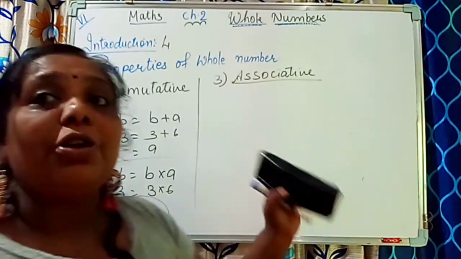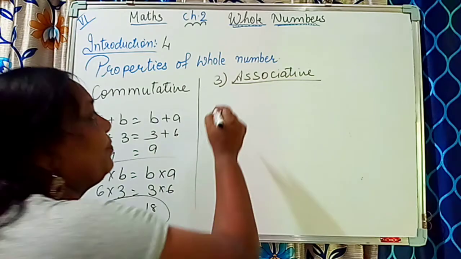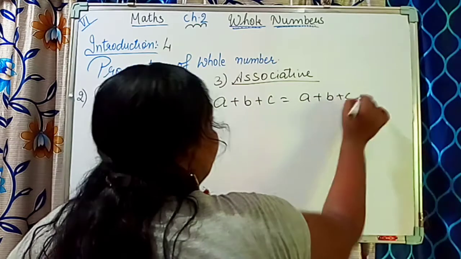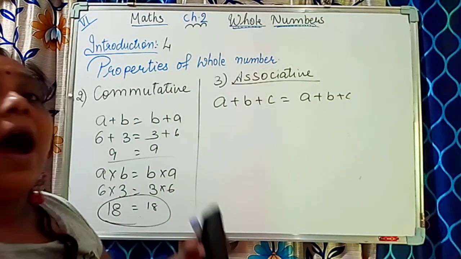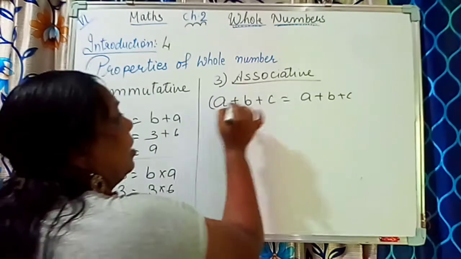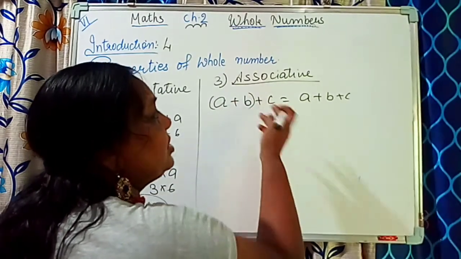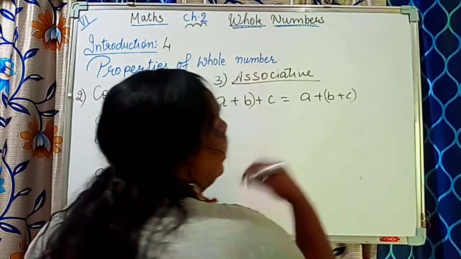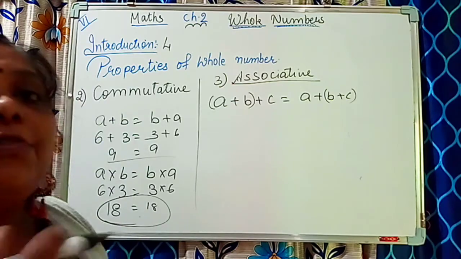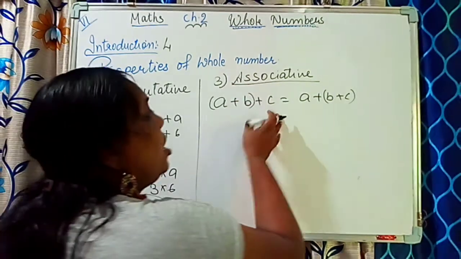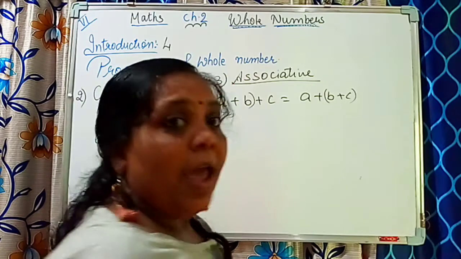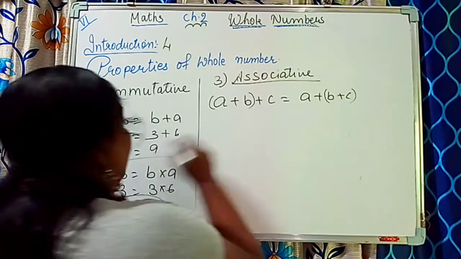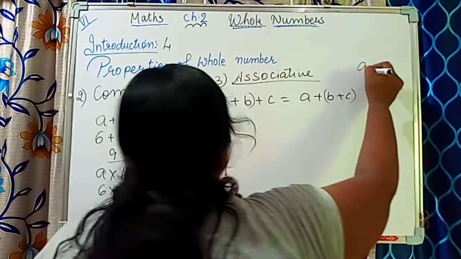For the example, A plus B plus C is equal to A plus B plus C. Either I take A plus B in a bracket and then plus C after the bracket, or I take B plus C in a bracket and A plus that. Whichever way we do the additions, the answer will come the same. For the example, here A is, as I have told you, 6.